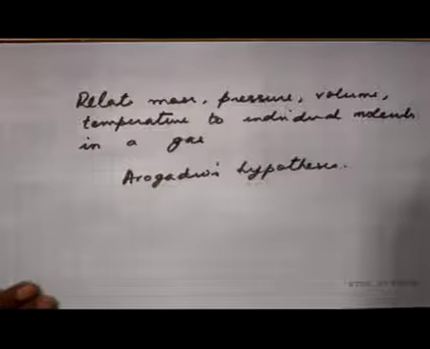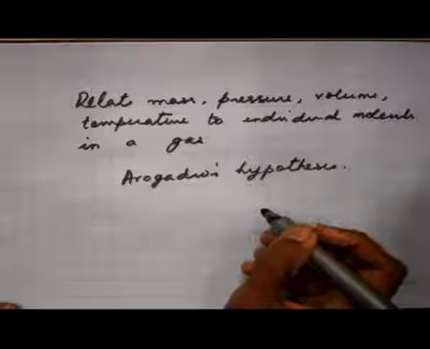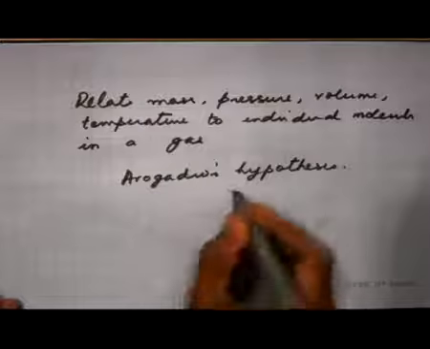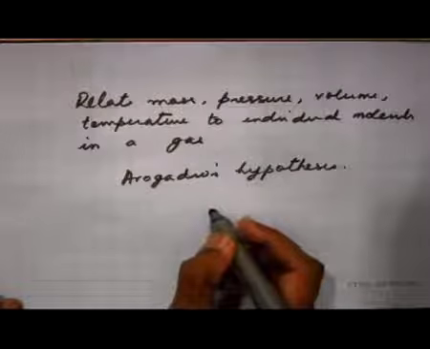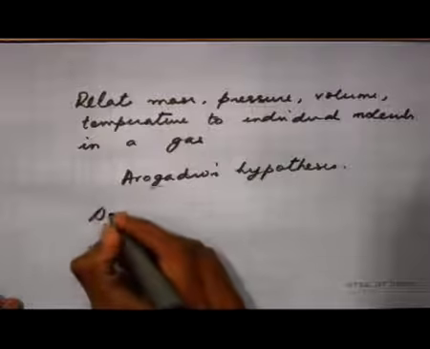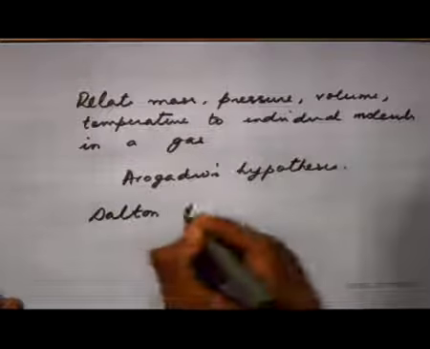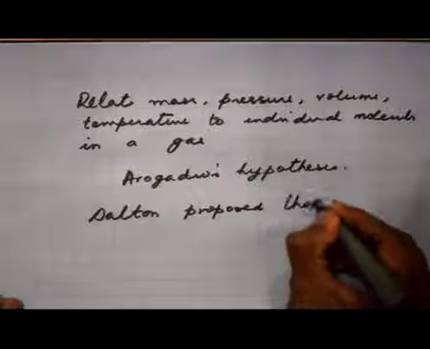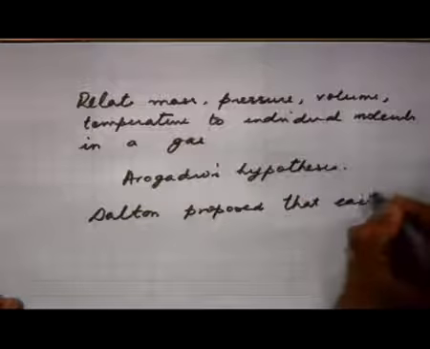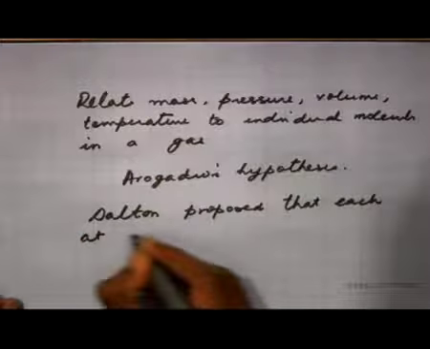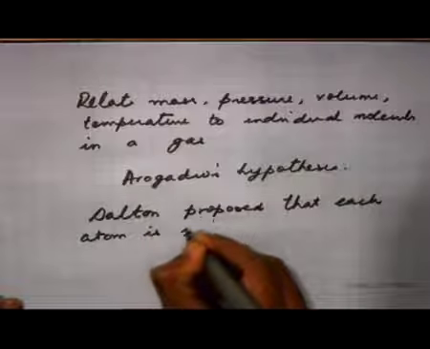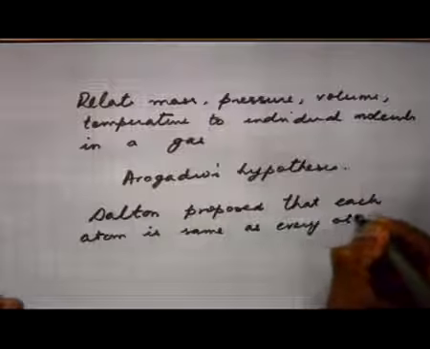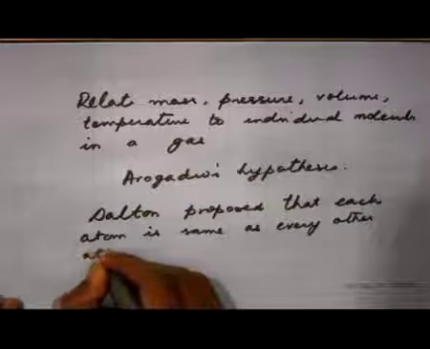So, before we go and look at the ideal gas equation of state, you should also remember that when Avogadro's hypothesis was introduced, Dalton had already proposed that each atom is the same as every other atom in a sample.